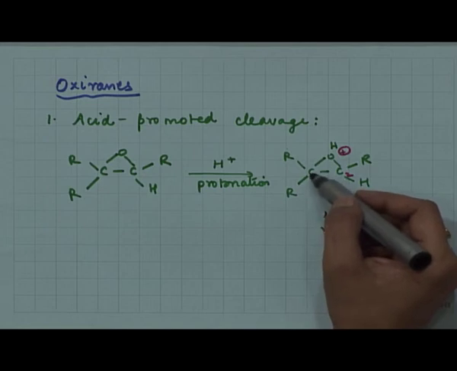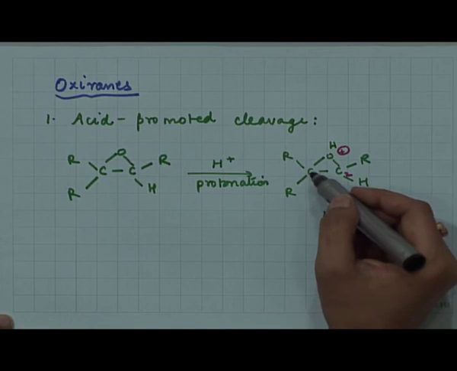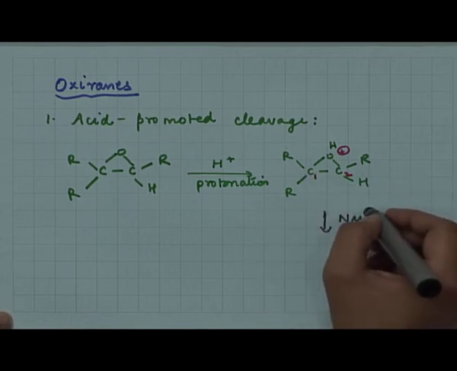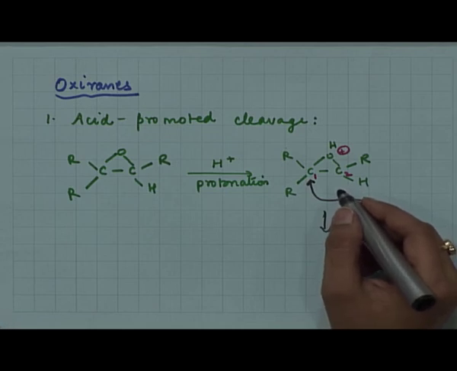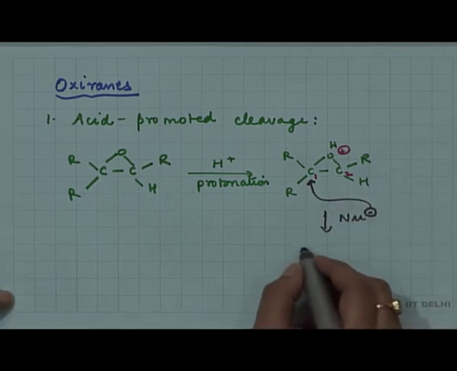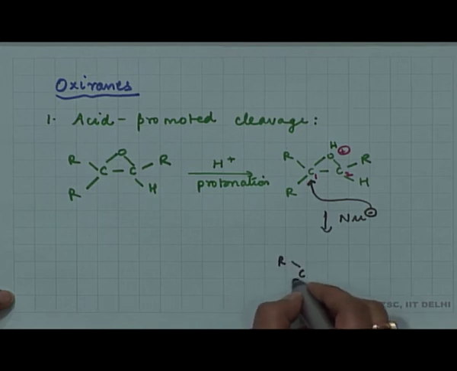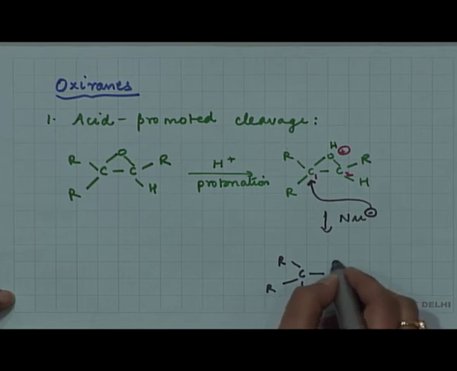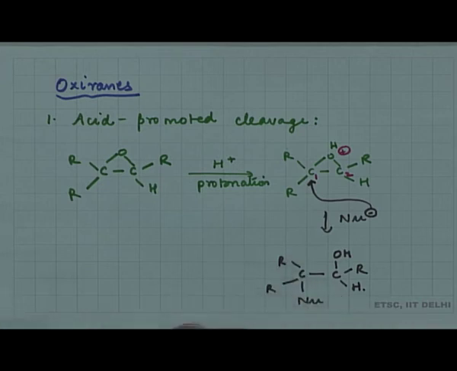This C1 carbocation will be stabilized much more because of the two alkyl groups, and therefore the nucleophile prefers to attack C1, right. Therefore, the product which you get on ring opening of this epoxide is with the C1 substituted with the nucleophile and the C2 bearing the hydroxyl group.